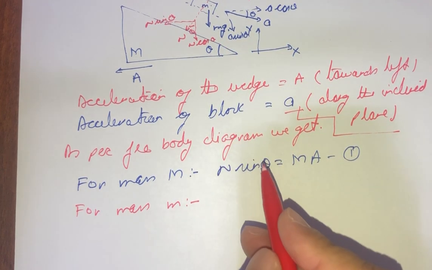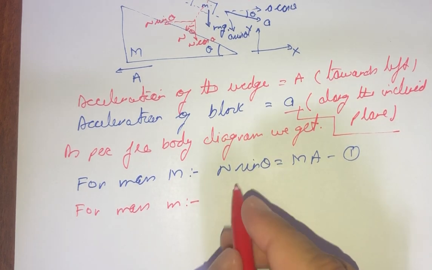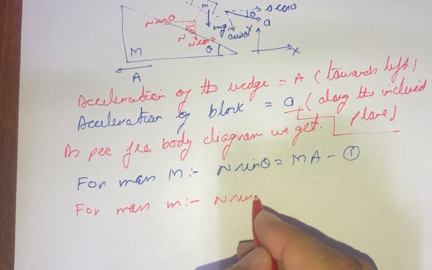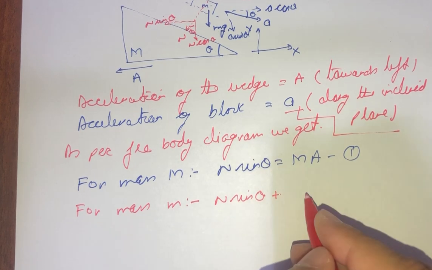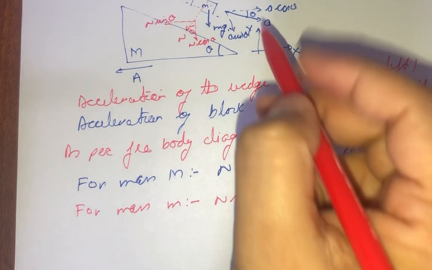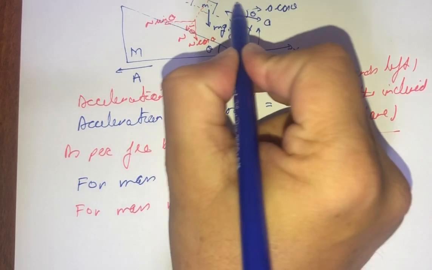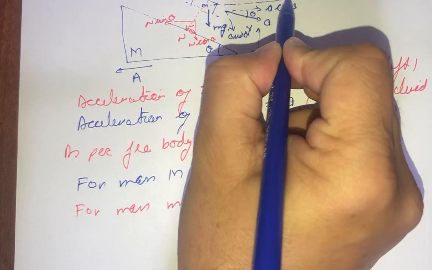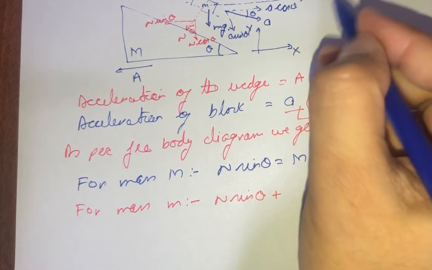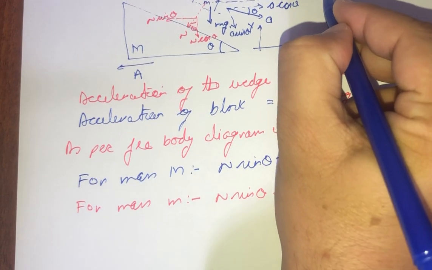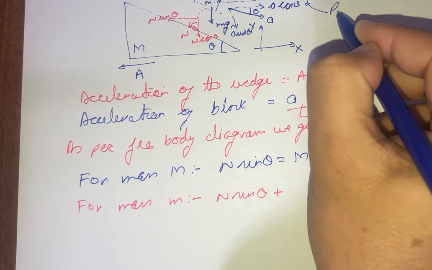So n sin theta is the first component plus, another thing, there will be a pseudo force which will be acting in this direction and whose magnitude will be equal to small m capital A. Okay, this will be our pseudo force.